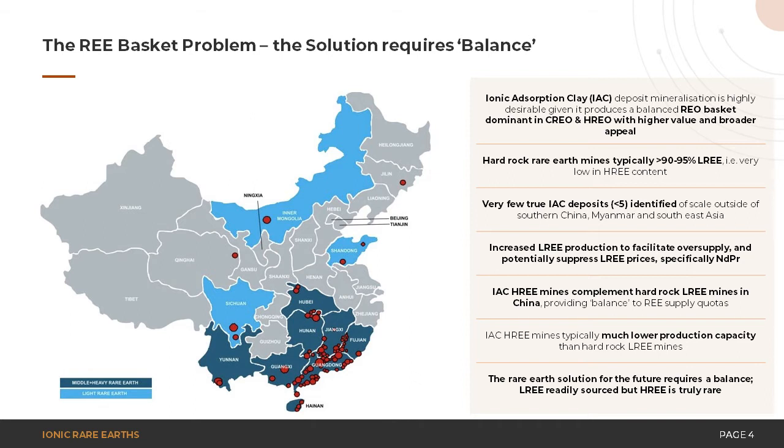These are the specific elements that are required for the development of the permanent magnets that operate at high temperatures in offshore wind turbines, and are going to be critical for the development of EVs into the future. So whilst the light rare earth projects can produce significantly more tonnage of rare earth elements, it's the heavy rare earth dominant ionic adsorption clays that provide the bulk of the rare earths that the world's going to need moving forward.